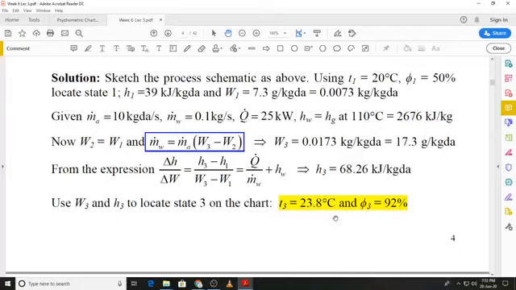That is, T3 is 23.8 degrees C and phi 3 is 92%.